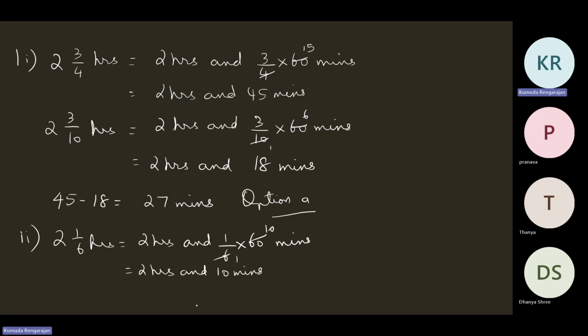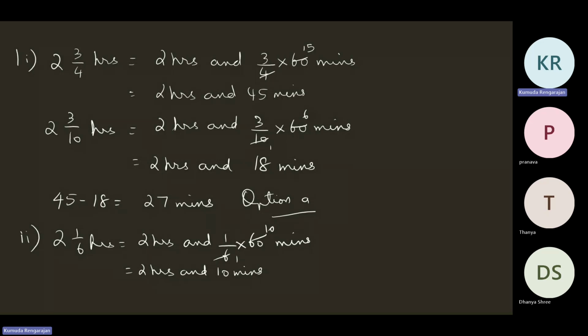So Geetika completes it in 2 hours and 10 minutes, Swati in 2 hours and 18 minutes. So Geetika is earlier by 8 minutes. Swati takes 2 hours 18 minutes, Geetika takes 2 hours 10 minutes, so Geetika is 8 minutes earlier.